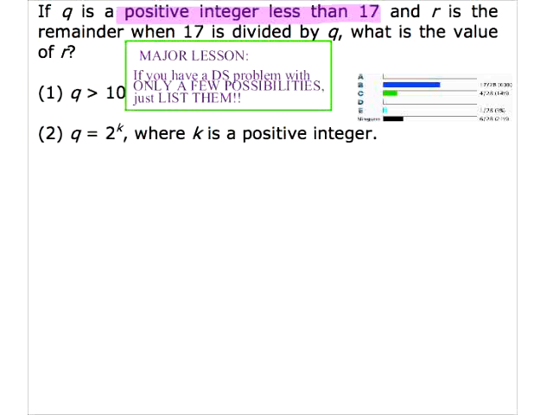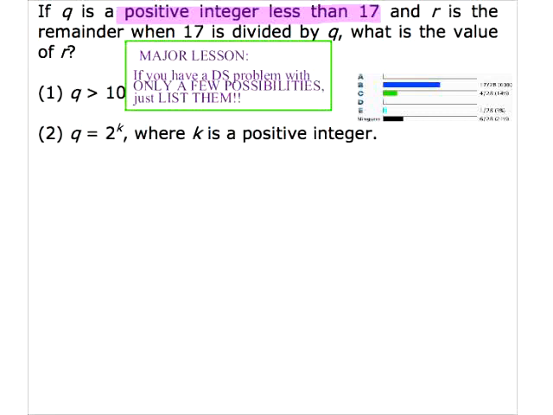So there's not a lot of positive integers less than 17. There's no reason to chance it with using theory here. You might as well just go for it. So Q is greater than 10. There's only 6 possibilities in total.